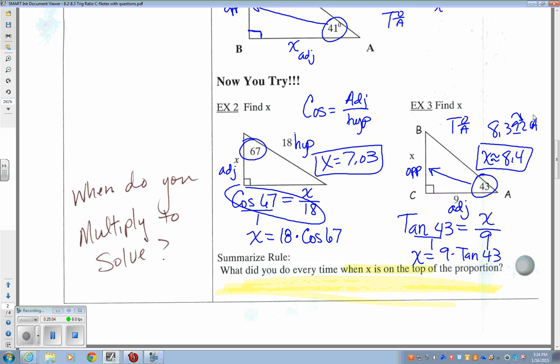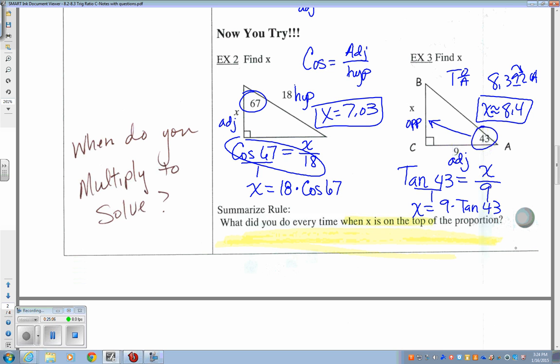Now, here's what you need to know when using trig functions. Do you notice where the x was in our proportion each time? And then what did you have to do to solve for the value each time? Multiply. Whenever the x is on top, that's what I'm trying to get you to understand. When x is on top of the proportion, you multiply the number times the trig function.